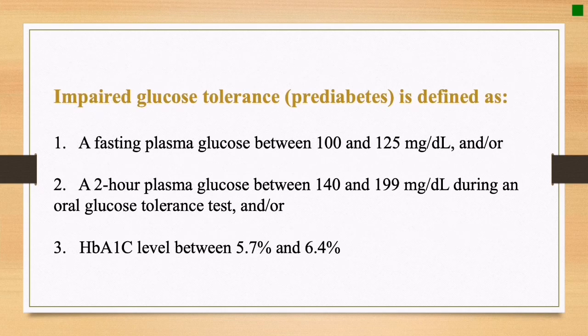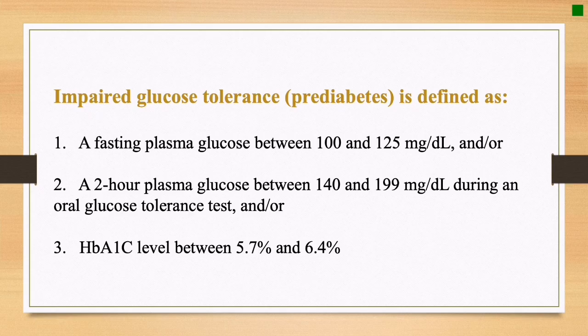Impaired glucose tolerance, or prediabetes, on the other hand, is defined as a fasting plasma glucose between 100 and 125 mg per deciliter, and/or a 2-hour plasma glucose level between 140 and 199 mg per deciliter during an oral glucose tolerance test, and/or a hemoglobin A1C level between 5.7% and 6.4%.